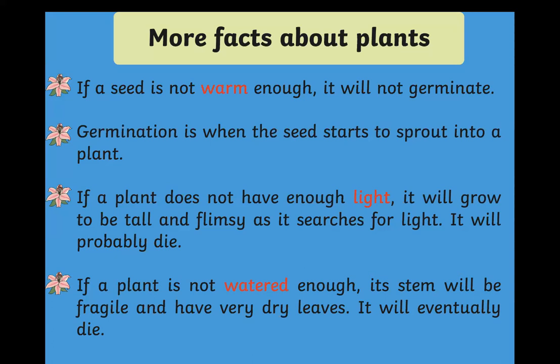If a plant does not have enough light, it will grow to be tall and flimsy as it searches for light. It will probably die. If a plant is not watered enough, its stems will be fragile and have very dry leaves, and eventually it will die.